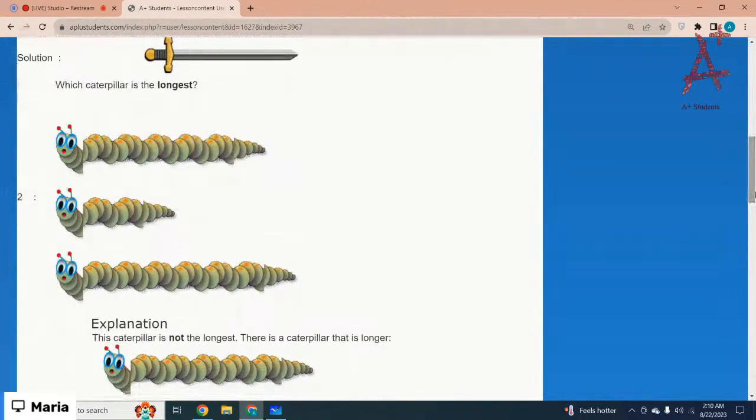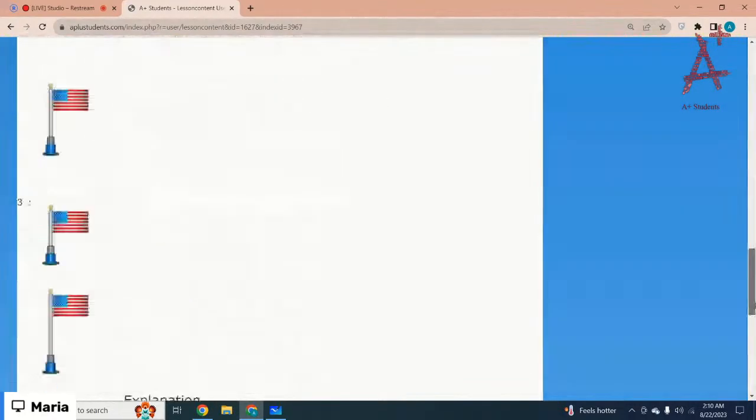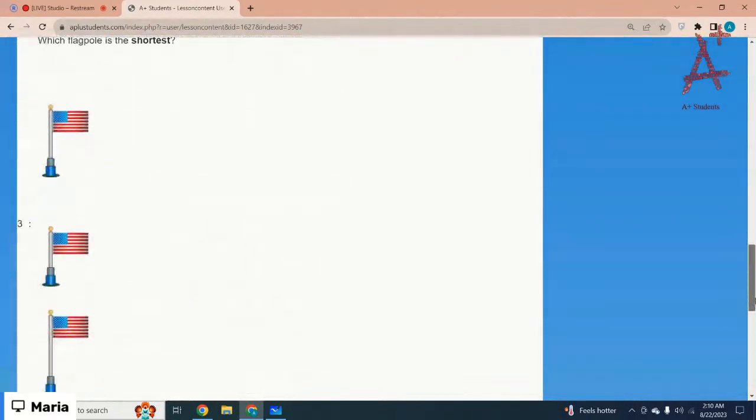Okay, which caterpillar is the longest? The last one is the longest one, right? Okay, which flagpole is the shortest? You are given three options.